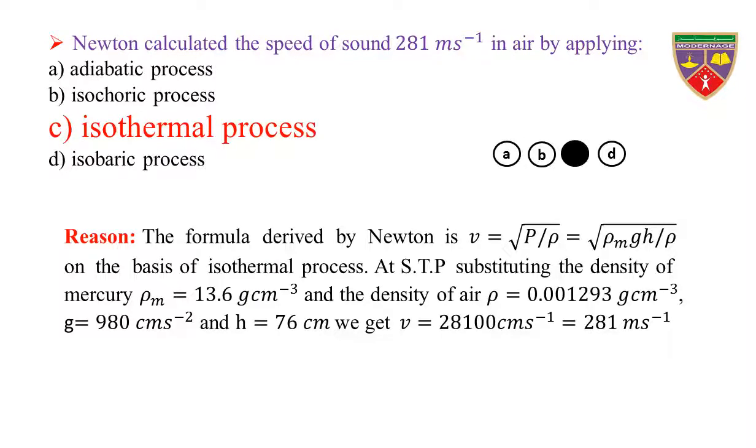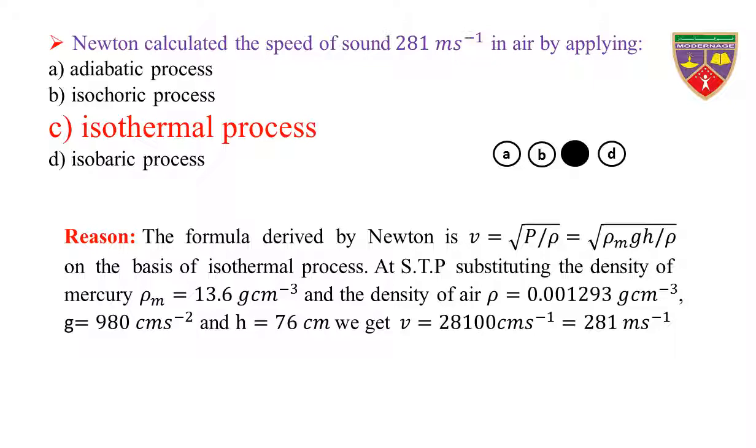Reason: the formula derived by Newton is v is equal to square root of pressure divided by rho, on the basis of isothermal process, where pressure is equal to rho m g h, where rho m is the density of the mercury, g is the gravitational acceleration, h is the height of the mercury column, divided by rho.